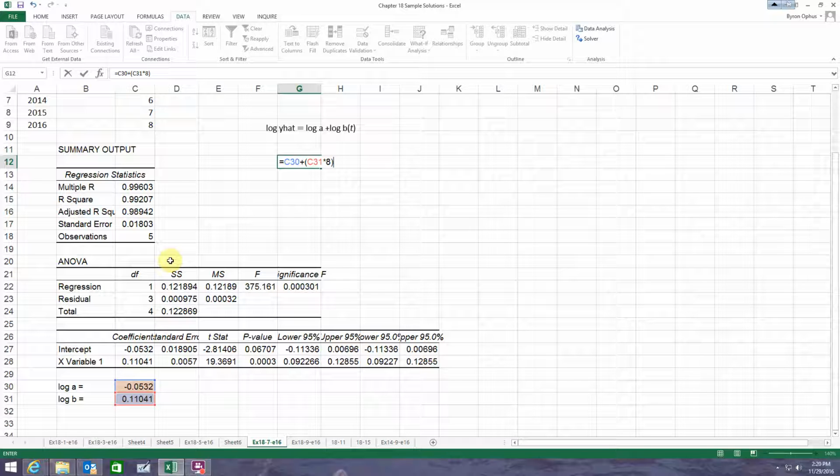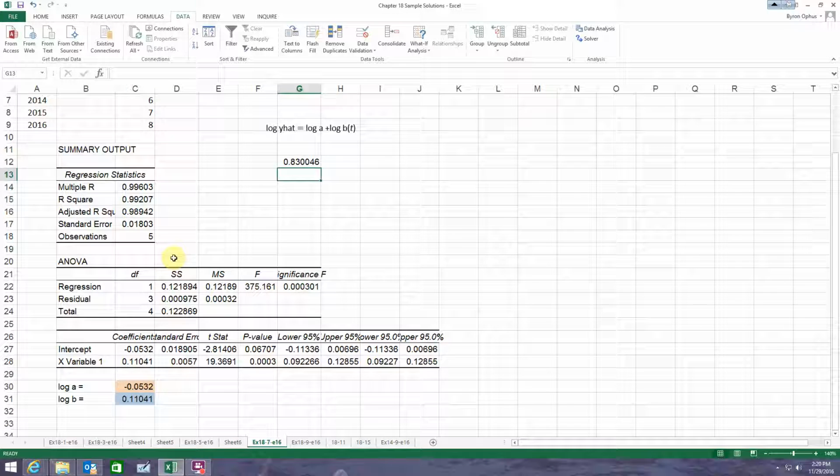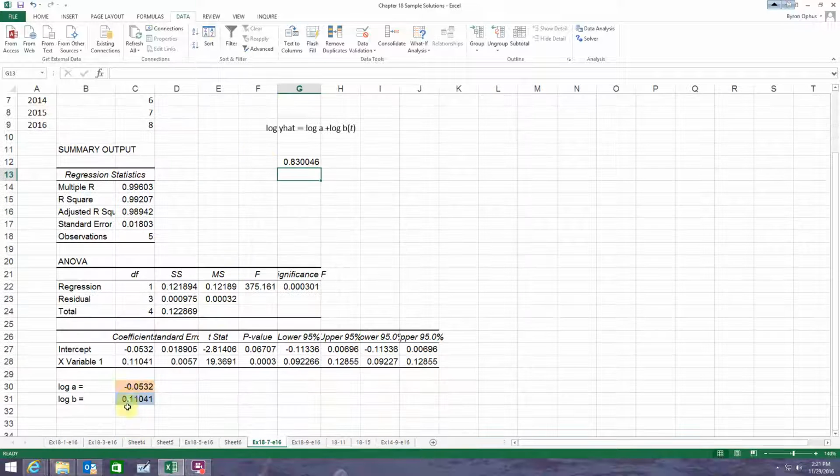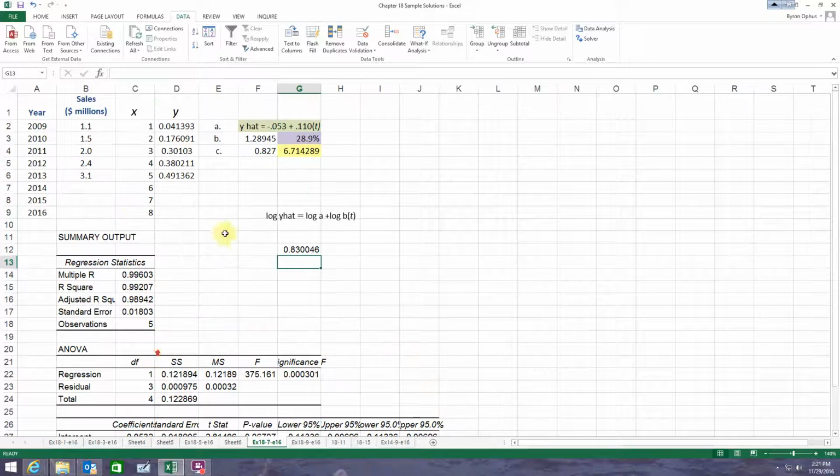In parentheses. Should be right, I think, right? 0.83, yeah, I came up with a little different number. I got 0.827 there. I think I must have used a little longer or a little shorter. What did I use? No, I rounded it off, which is probably not rounded off here. So basically came up with the same number, okay? And I rounded this one off when I got here, so I got 0.827.